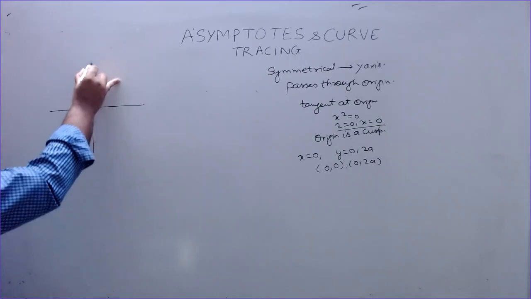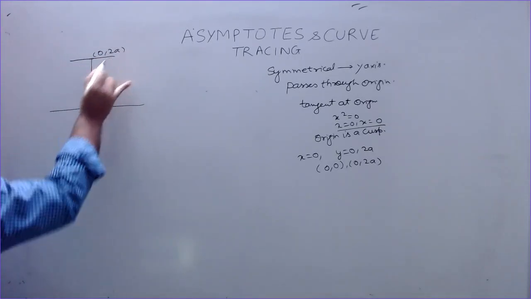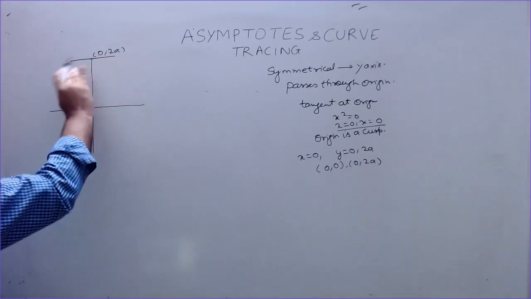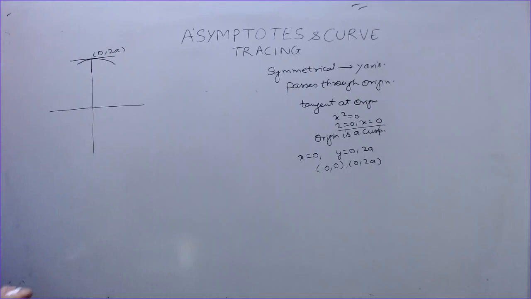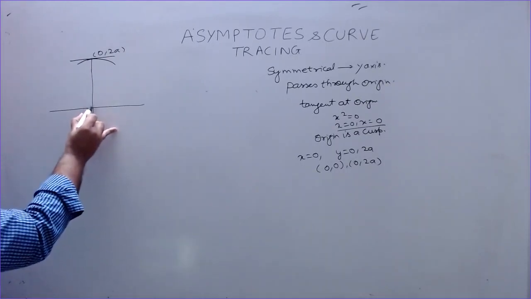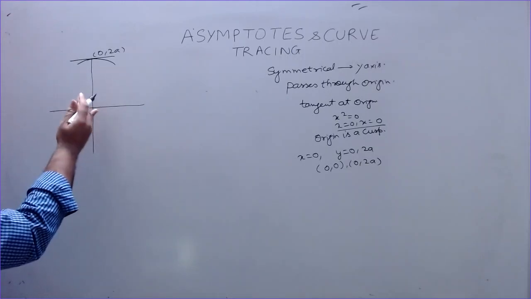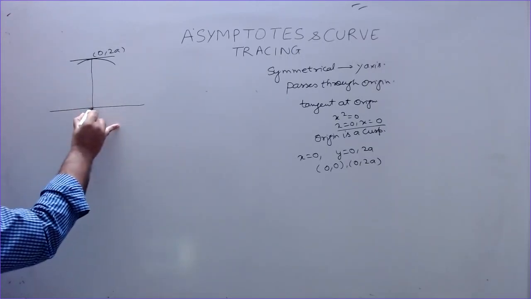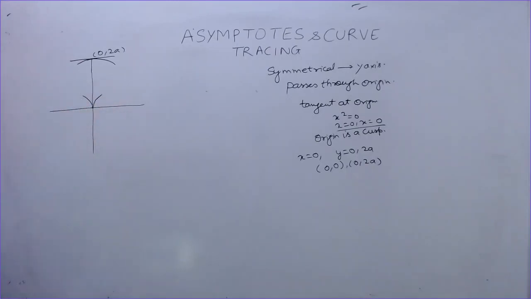This point is 0, 2a, and here the tangent is parallel to the x-axis, and this is symmetrical about the y-axis, so the shape should be like this. It passes through the origin, and at the origin the y-axis is the tangent. So x equal to 0, x equal to 0 means on both the sides. So here the shape must be like this. And we have found the existence of the curve.